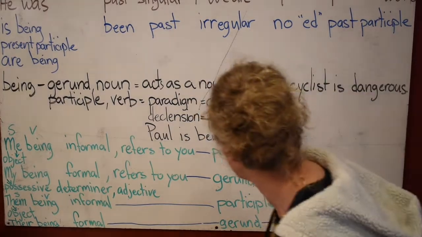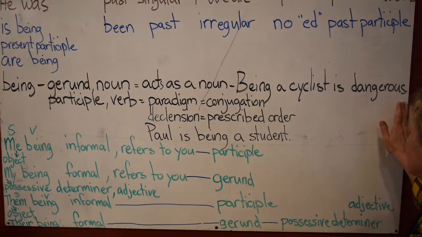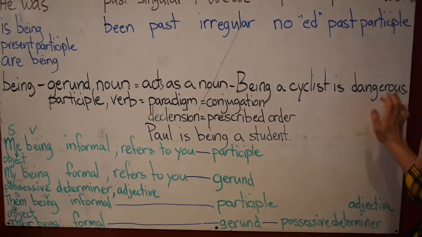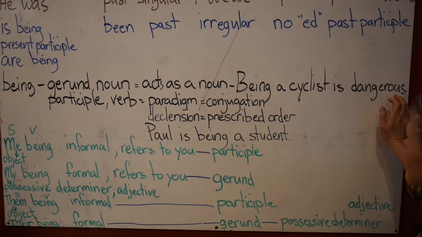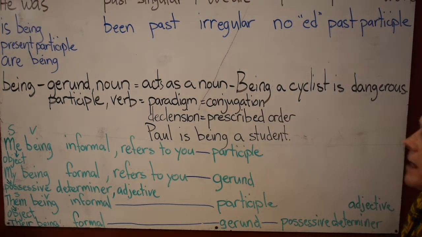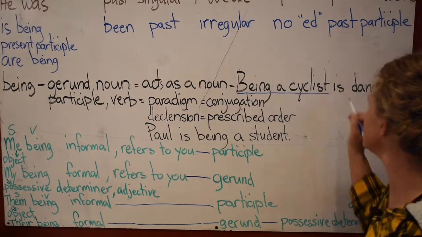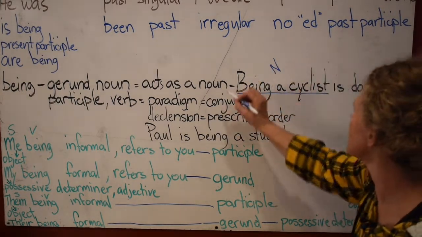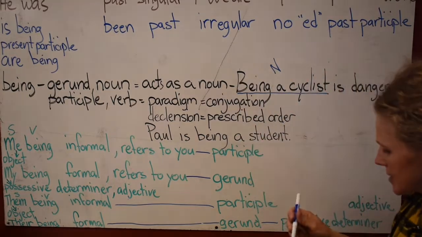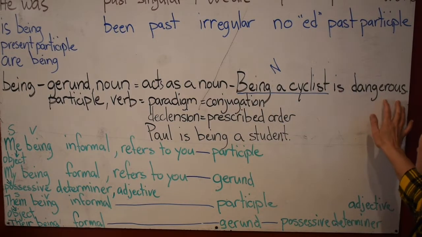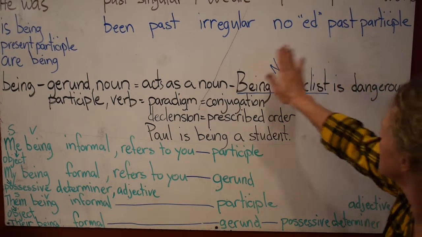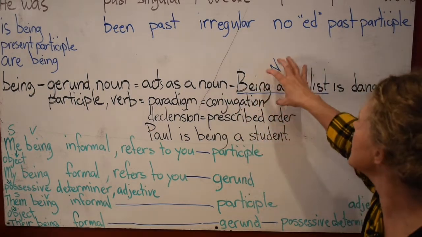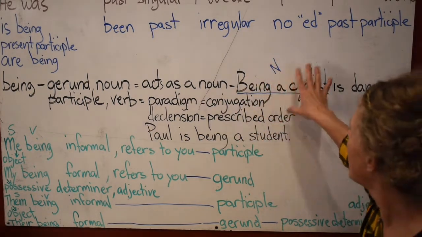So look at this sentence. Being a cyclist is dangerous. Do you see this? What is this being actually acting as? A noun. This is a noun phrase right here. Being a cyclist is dangerous. What is dangerous? Being a cyclist. So this has to sit on a tree.